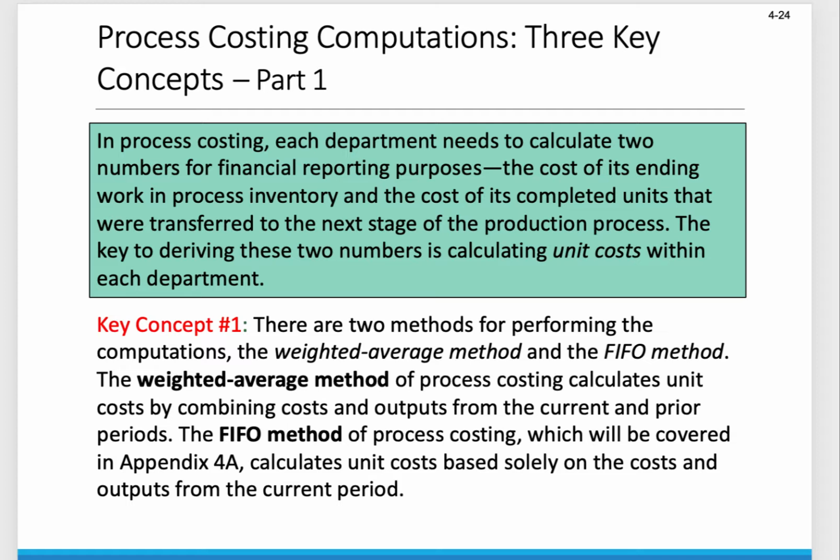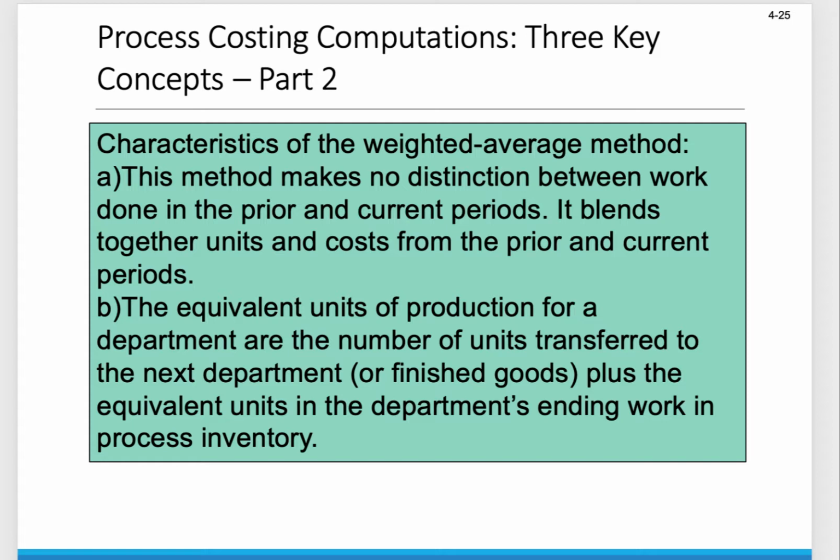And being that this is all online and we have time constraints, we're just going to stick with the weighted average method, which is very easy to use, okay? So before we can really get into that, we need to look at the characteristics of the weighted average method, okay?